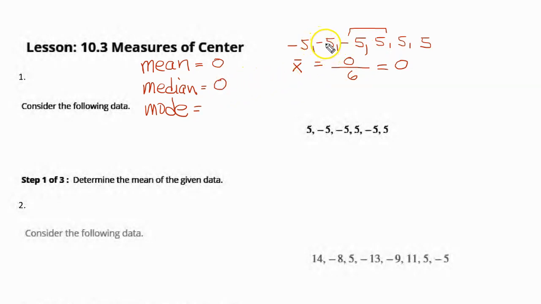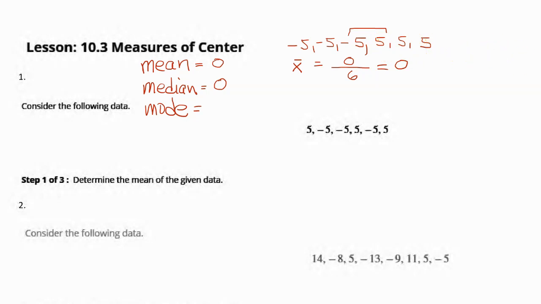Now, for the mode, we look at what we see here. And is there any one number that's used more than any other? Well, we have a -5 that's used 3 times, and we have a 5 that's used 3 times.